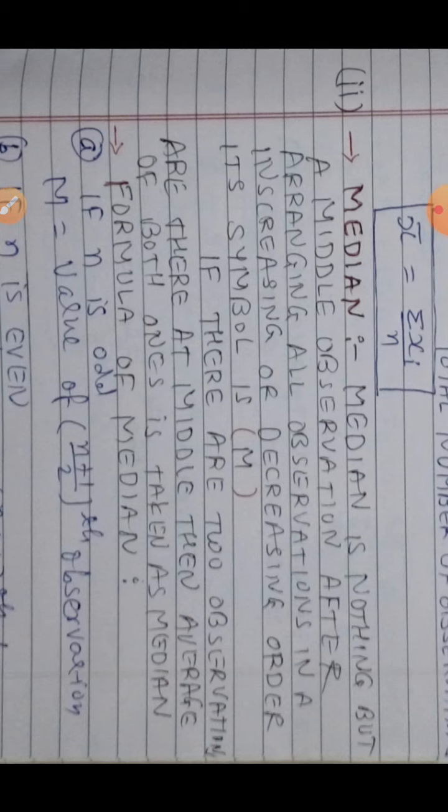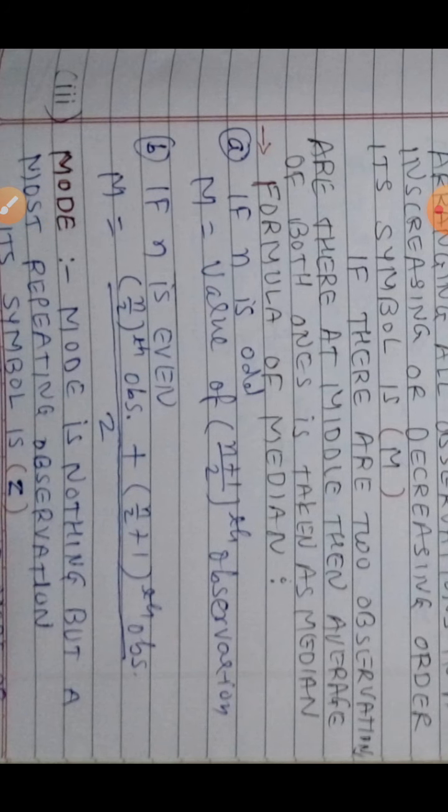Now the formula. Actually there is no formula for median, but we first have to identify which place, which number of observation is to be taken for median. So basically it cannot be told as a formula, but if we consider it as a formula, then just remember, if n is odd, suppose I give you one example, if you are 9 students, then who is at the middle position?